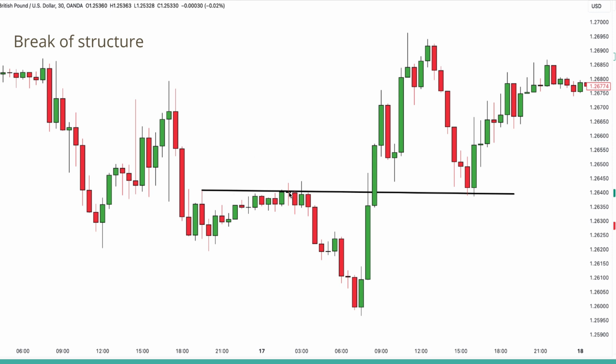And so when price closes above the previous lower high, it means that the structure has been broken in a downtrend. And when price closes below the previous higher low, it means that structure has been broken in an uptrend. So whenever price comes back to close below this lower high here, we can say that structure of the market has been broken.